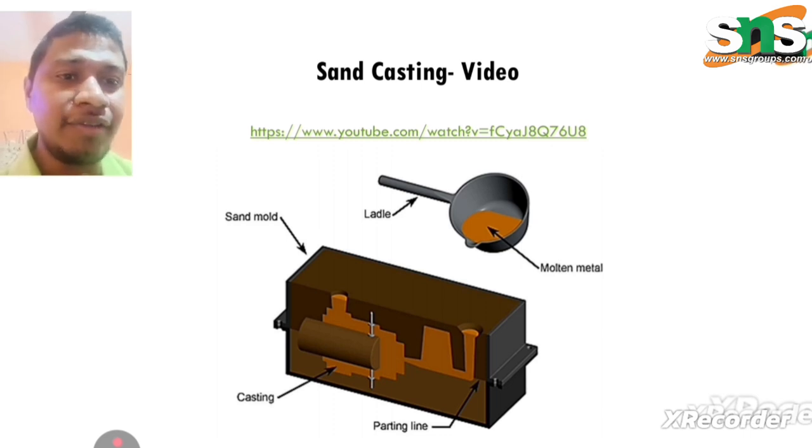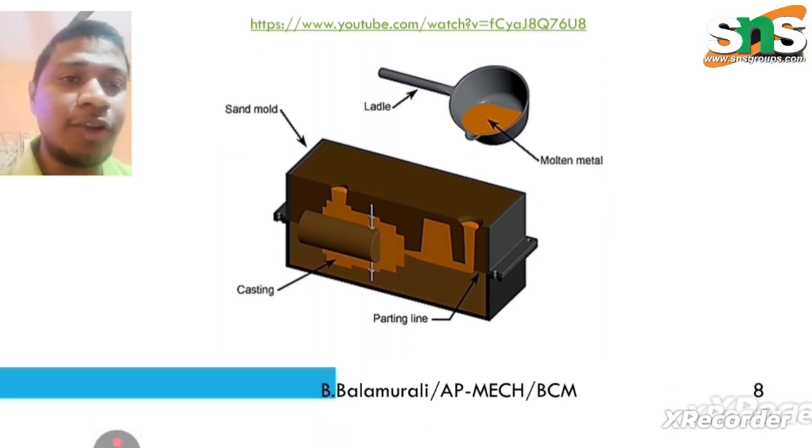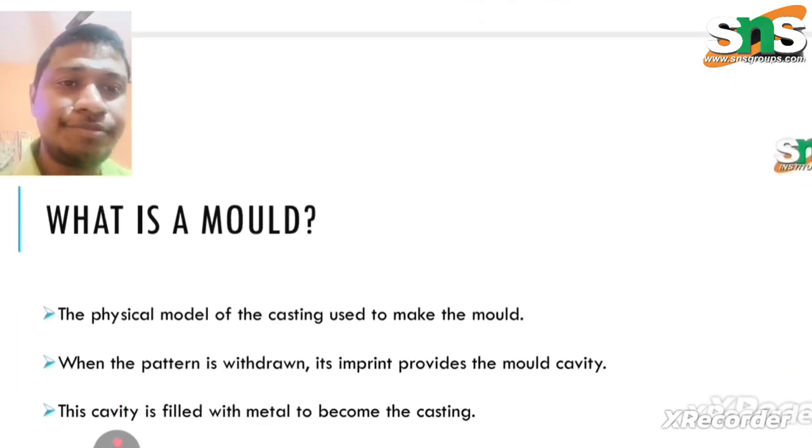After filling, it will rise again. After rising, we ensure that all the molten metal has filled that particular area of the casting. After a certain cooling time, we can remove the sand and get the casting material.